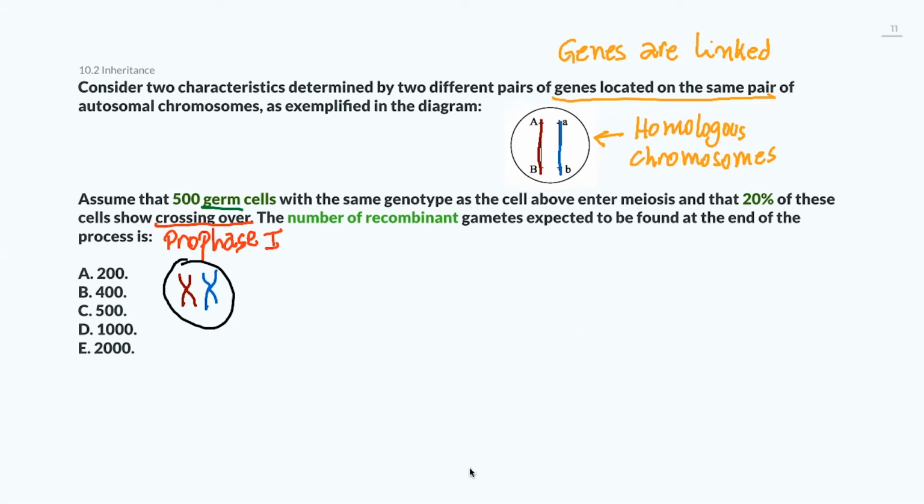During prophase 1, you have crossing over between non-sister chromatids. That means chromatids of different chromosomes from the same pair, right? So we have here this chromatid, this side, and this other side. They're not sisters because they're not the same color. They're not part of the same chromosome. They are from different chromosomes of the same pair.